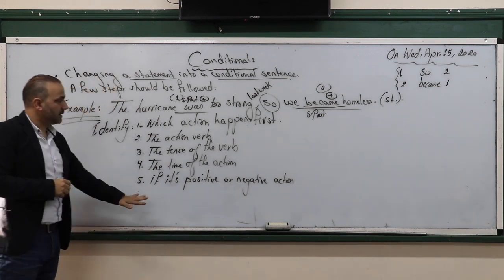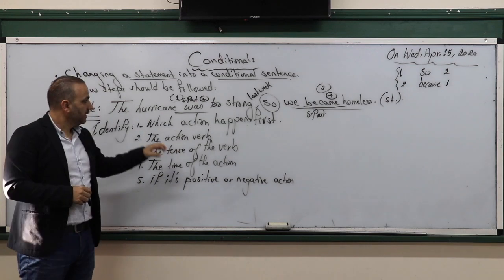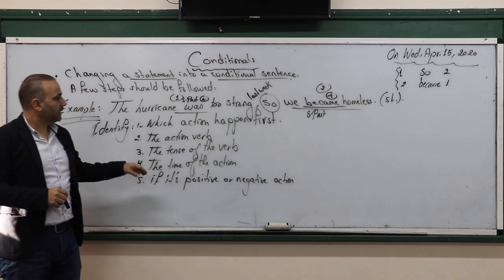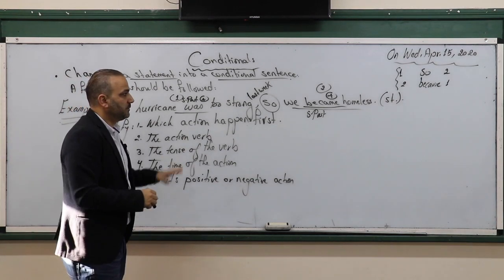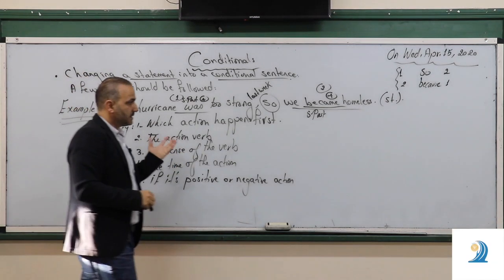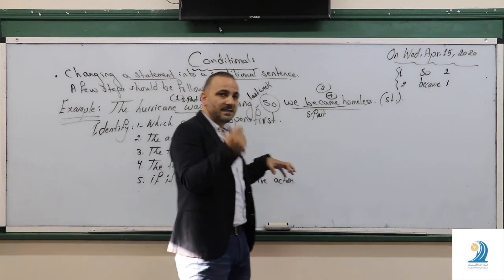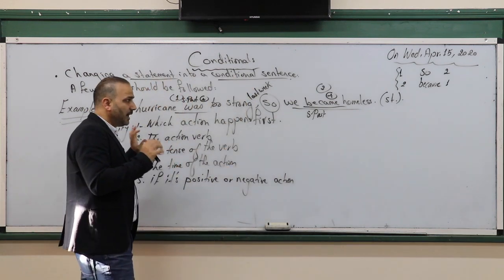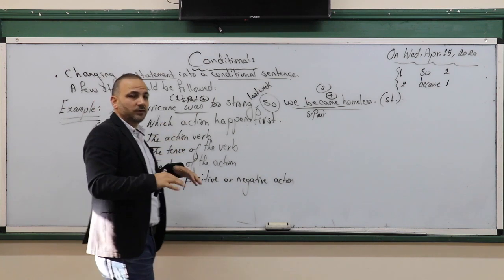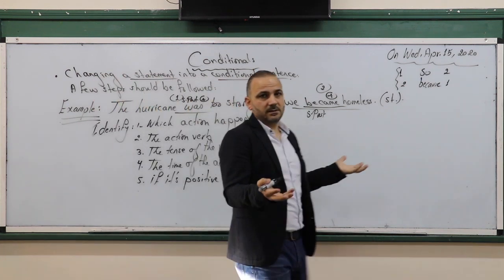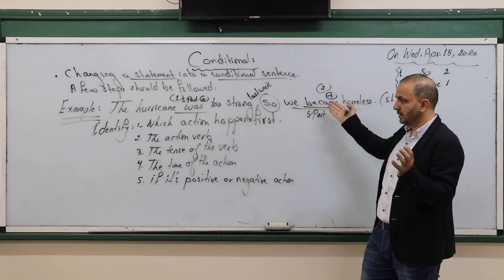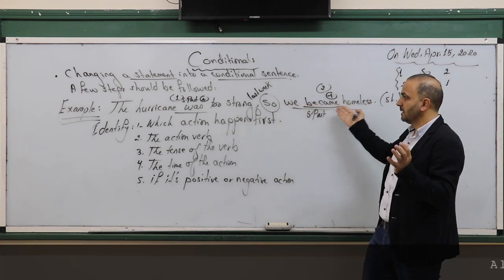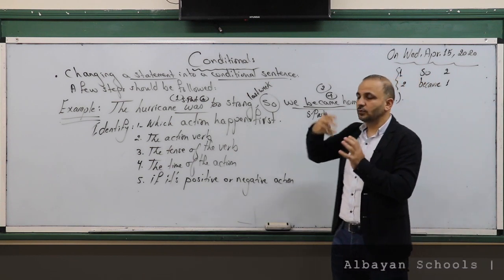So these are the steps: identifying the action, the tense of the verb, the time if we have it, and whether it is positive or negative, because in changing from a statement into a conditional, as we said last time, we have to focus on that. We are talking about unreal issues here, changing from real, the hurricane was strong, so we became homeless, into unreal.